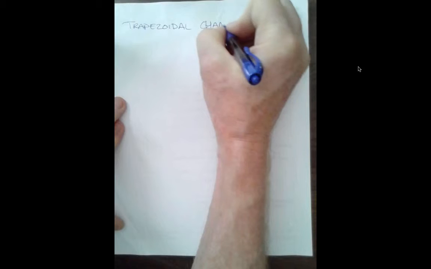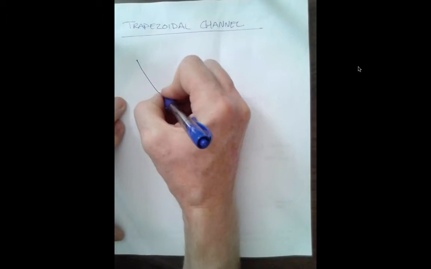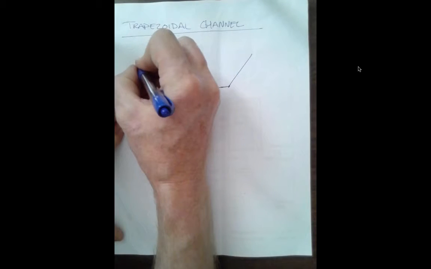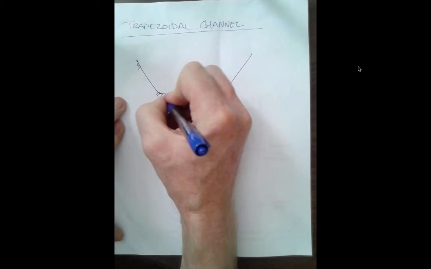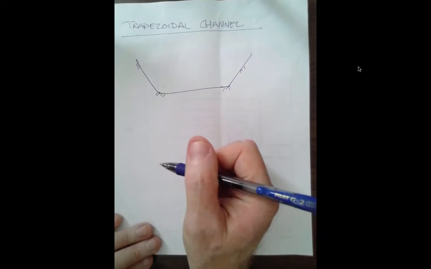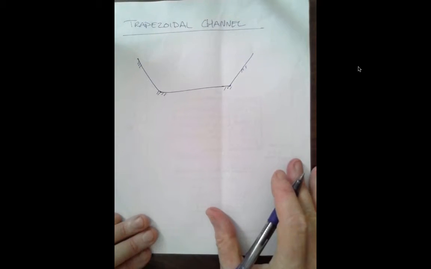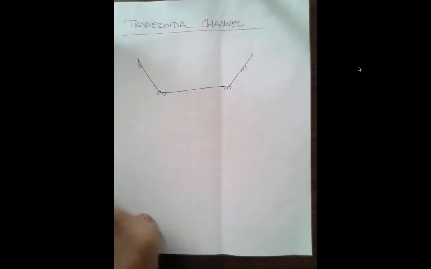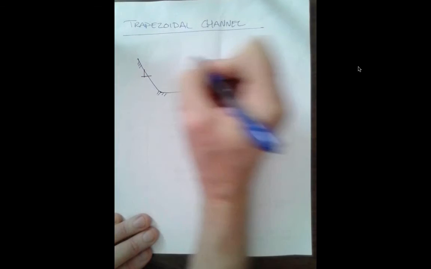Okay, let's look at the next geometry, which is going to be trapezoidal channel. So trapezoidal channels, they look like this. And the trapezoidal is an especially desirable engineered geometry because one of its special cases is the rectangle.